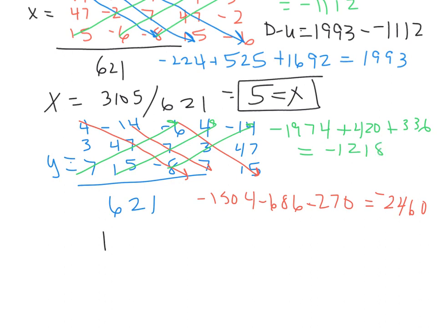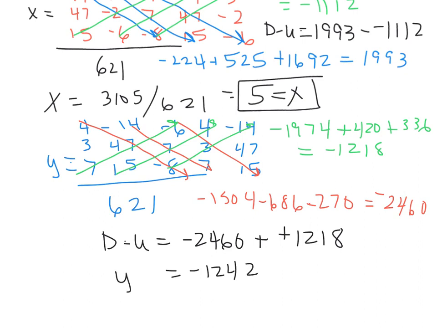So if we go back and we do our downs minus our ups, that would give me negative 2460 minus a negative 1218, which gives me negative 1242, so this would be my y's, over 621, which is negative 2, and that equals my y.